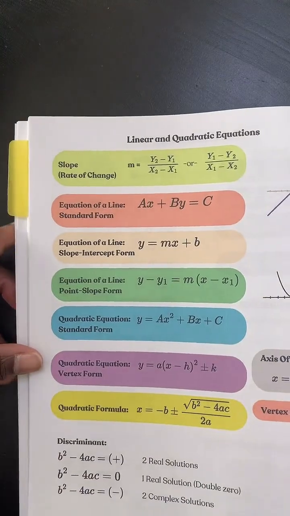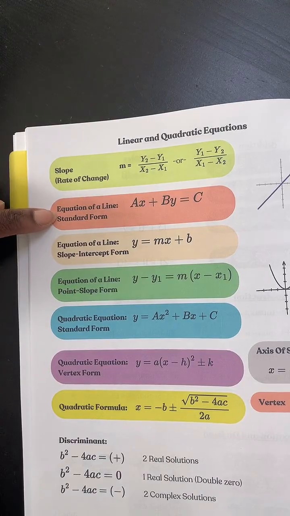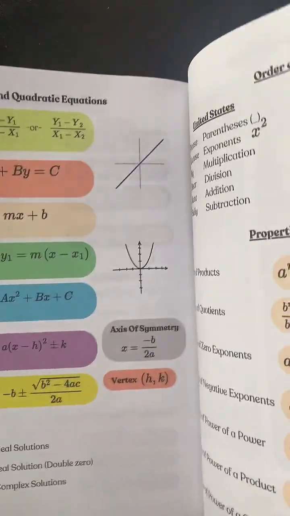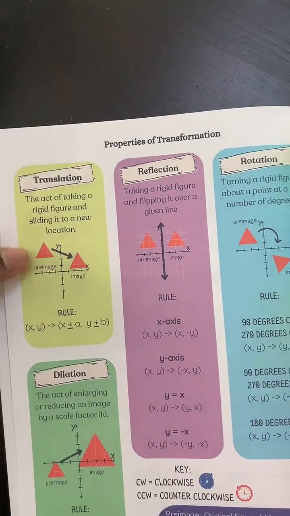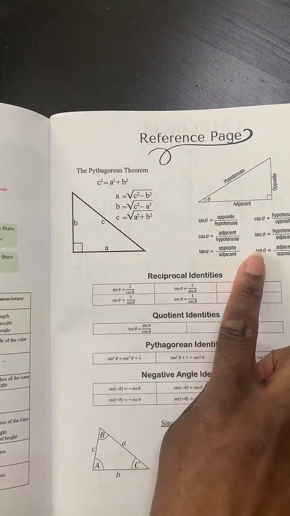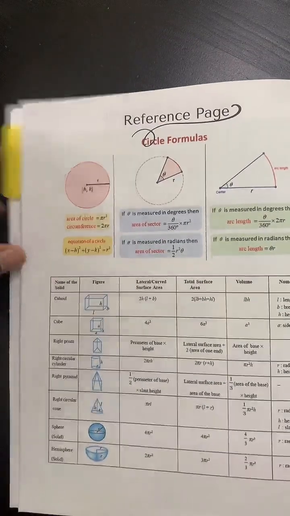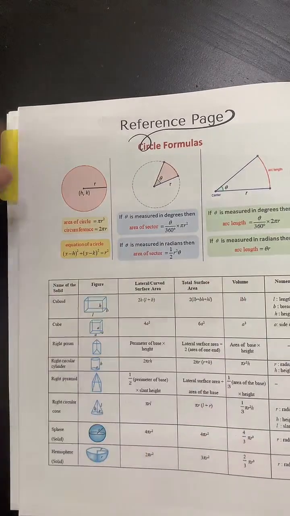And then we also worked a little bit with the linear. Here's slope or rate of change. Here is standard form. Here's slope-intercept form. It just gives you those reminders and some of the equations to help you figure things out, especially for geometry, a little bit of quadratics. Then we have a little bit of trig with the Pythagorean theorem, SOHCAHTOA, and then also volume, surface area, area of the sector, arc length.